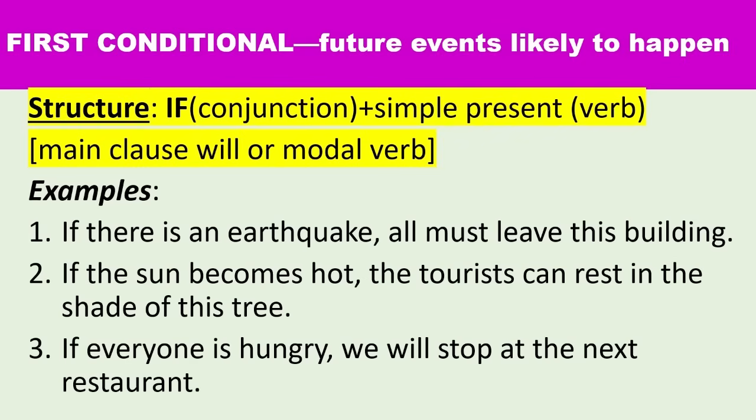This is a possible condition. We will stop and eat. But the verb is present in the conditional clause and it is will stop because it's a future event. So we use the form will stop, and that is where the first conditional examples end.